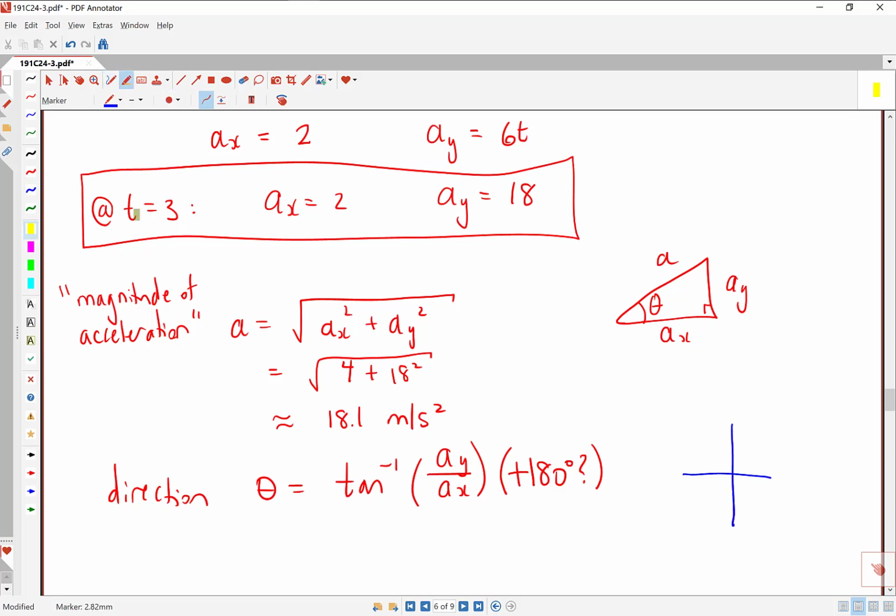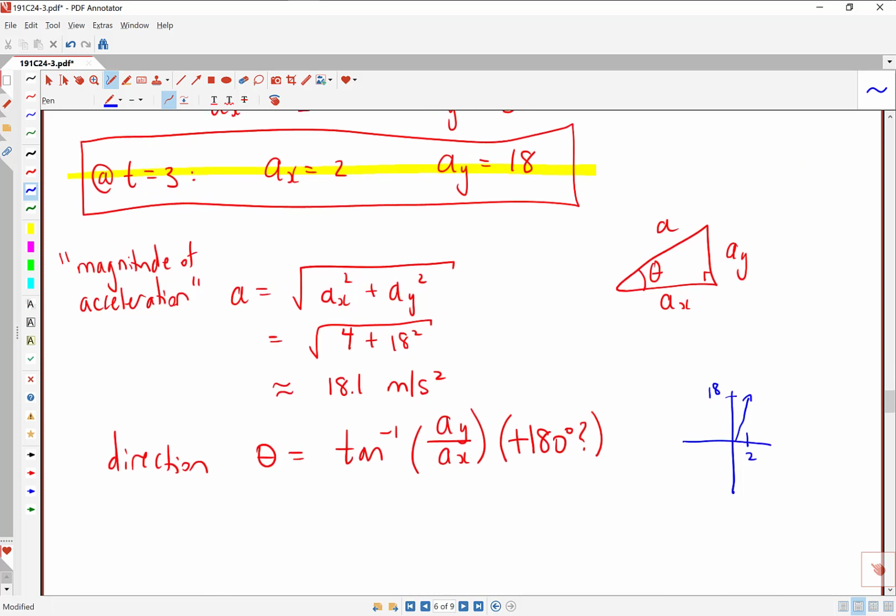So let's come back to here where we've got our numbers. At the point in time that we're interested in, horizontal acceleration is 2, vertical acceleration is 18. So that tells us that our angle is pointing right. So there's no correction required. Only if the angle were pointing left in quadrant 2 or quadrant 3 would we need that correction. So that's good.